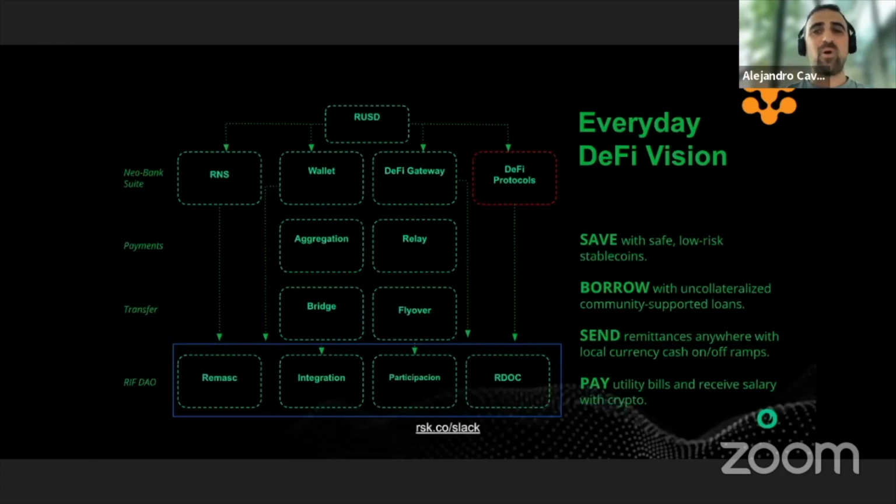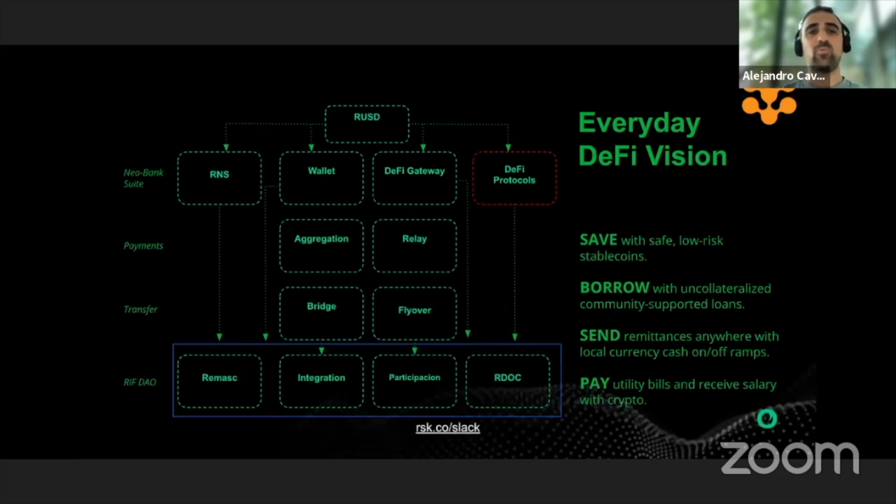This is the vision that we are trying to get, and everyday DeFi means this: saving, borrowing, sending, paying, things that we do every day in a traditional finance system, and we think that this should also be possible to do in the Rootstock ecosystem or in the crypto ecosystem, because it includes a lot of underbanked people and it's much more inclusive.